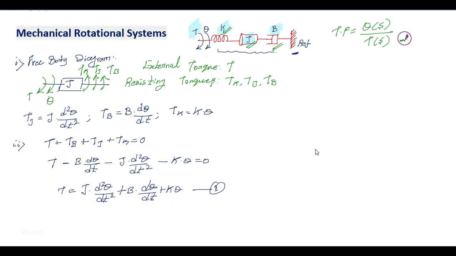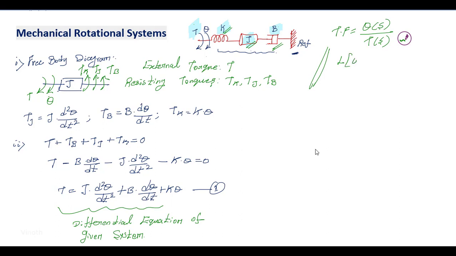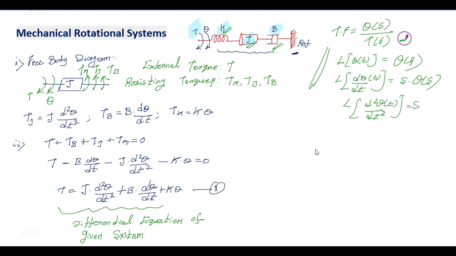So taking the Laplace transformation of the differential equation of the given system, the Laplace transformation of theta of t is theta of s, the Laplace transformation of d theta divided by dt is s into theta of s, and the Laplace transformation of d squared theta divided by dt squared is s squared theta of s.